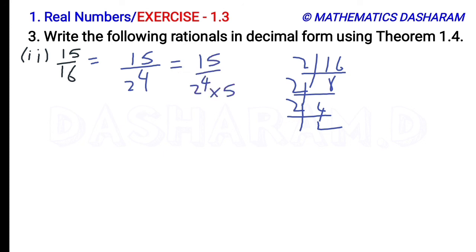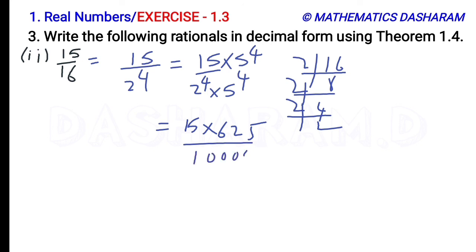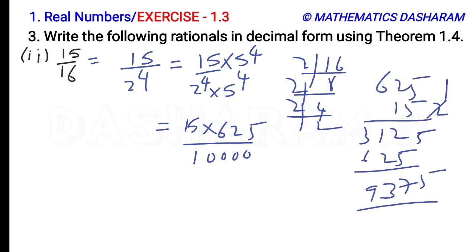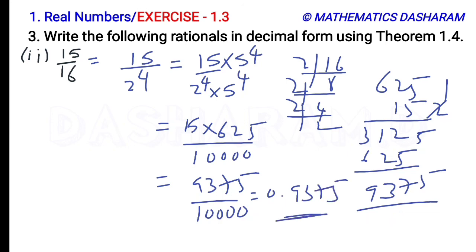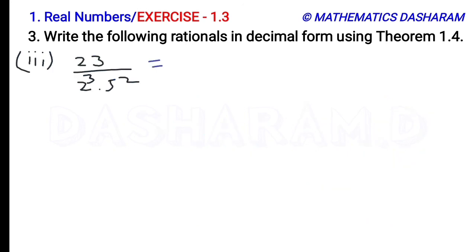So the numerator is also multiplied with 5 to the power of 4. 15 into 5 to the power of 4: 5 5s are 25, 25 5s are 125, 125 5s are 625. 2 to the power of 4 into 5 to the power of 4 means 1 with a total of 4 zeros. 625 into 15 is 9375, divided by 10,000. It equals 0.9375.